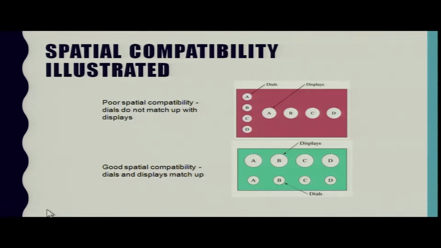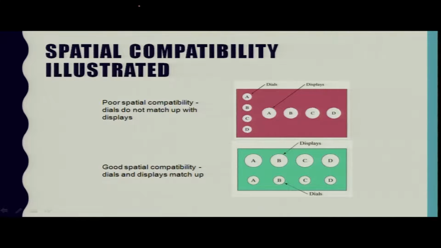Now this is a particular example that has been put here for spatial compatibility illustration. Basically you can see there are two alternative arrangements of displays and their controls.